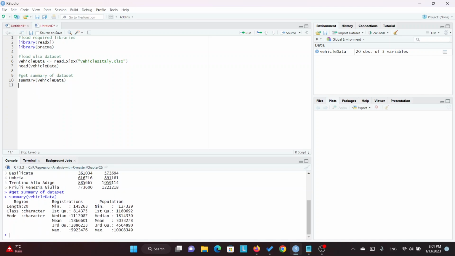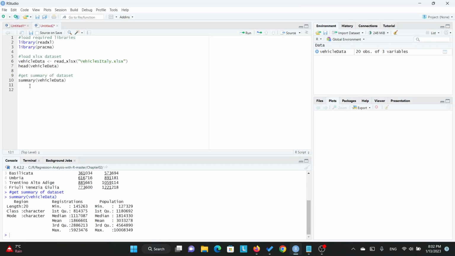As you can see, summary returns some statistics. The first one is the region, that is length 20, and it is a character variable. The second is registration. The min is 145,263, and there are some calculations there. The third column is population. There's mean, max, median, first quartile, and the third quartile.